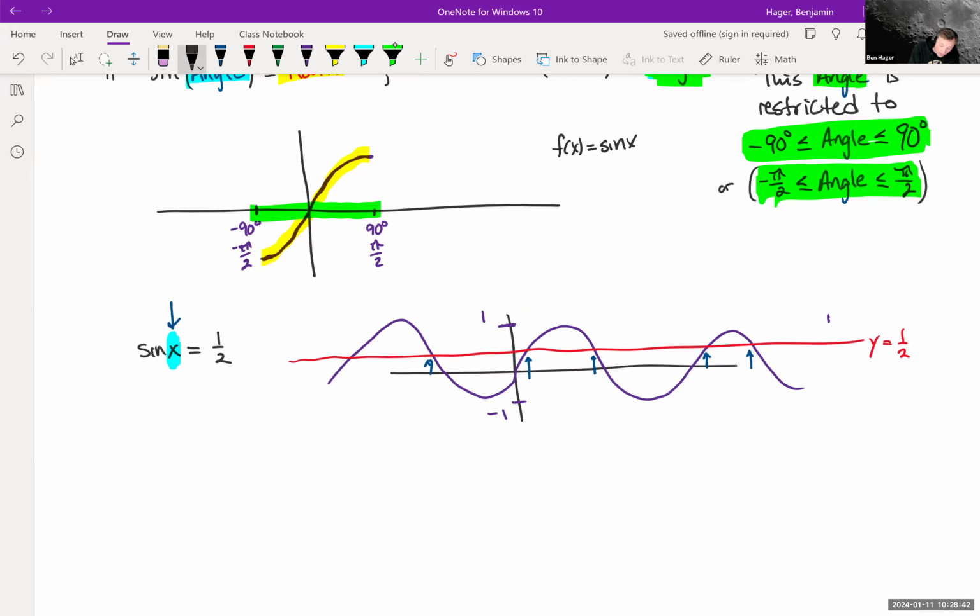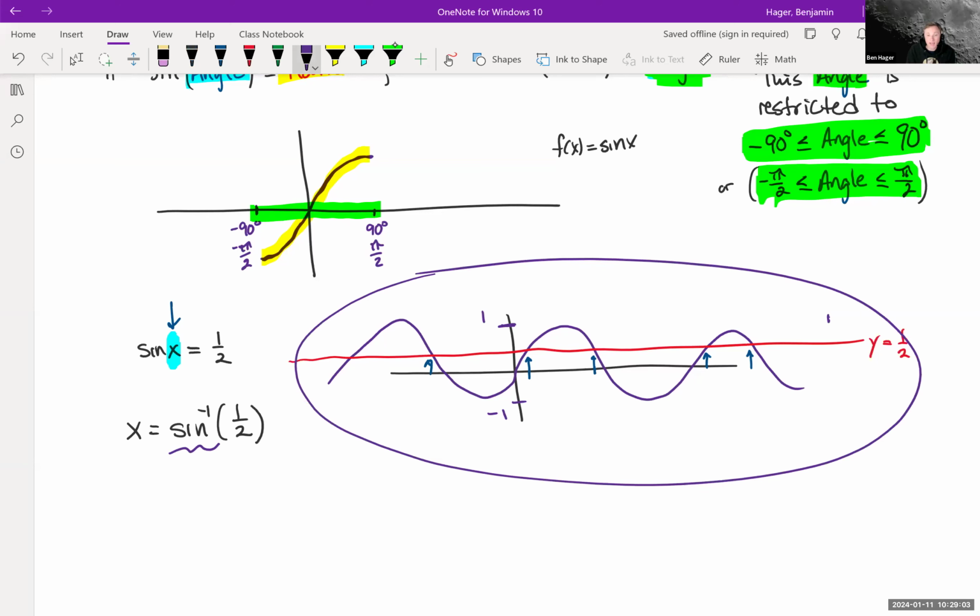I could say, okay, well, that angle would have to equal sine inverse of that ratio. And we can plug that into the calculator if it's a ratio we don't know, or we can use our unit circle knowledge. But the thing to remember is because you have invoked this notation, this whole picture doesn't apply.